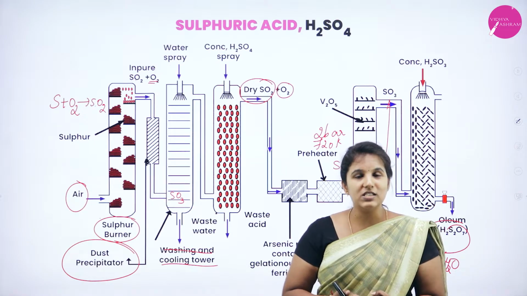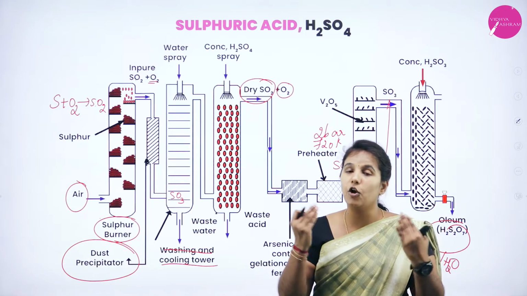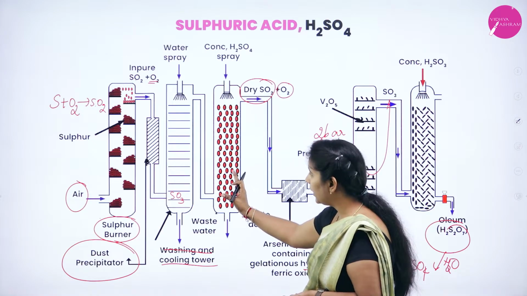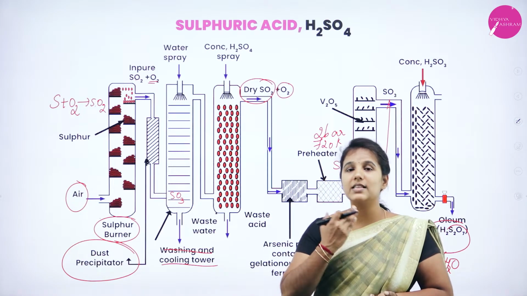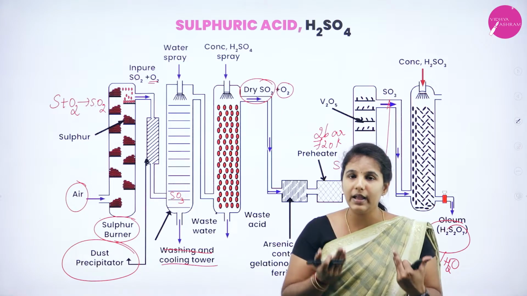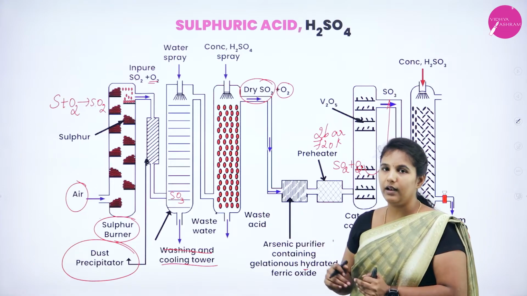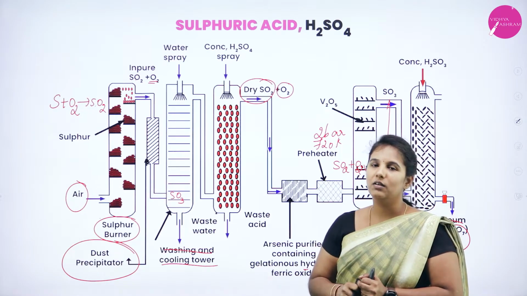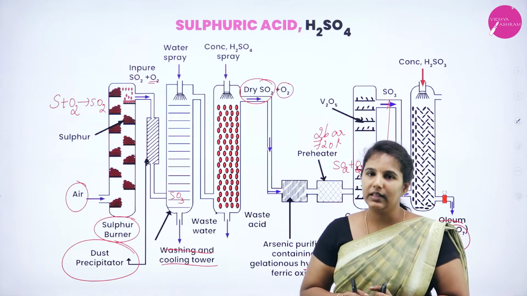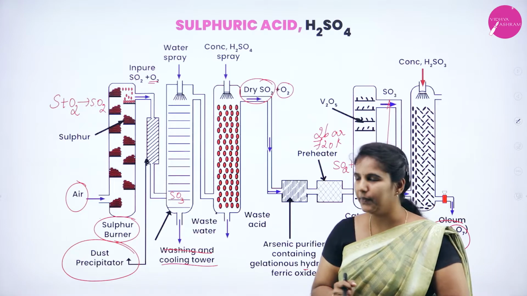No, because the reaction conditions have to be maintained, and we are not maintaining them at this point, so the reaction between the concentrated sulfuric acid and the sulfur dioxide will not happen. That is why it has to be sprinkled with concentrated sulfuric acid, to remove the water content which is there in the sulfur dioxide. So hope you all understood this method.